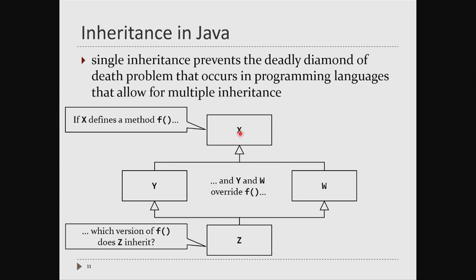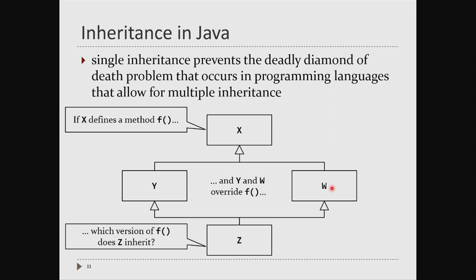Up here, suppose x has some method f. Let's pretend it's public. Now y and w are the subclasses of x, so they can override f. They can provide a new definition of that method f. So at this point there are now three definitions of f: x has one, y has one, and w has one.